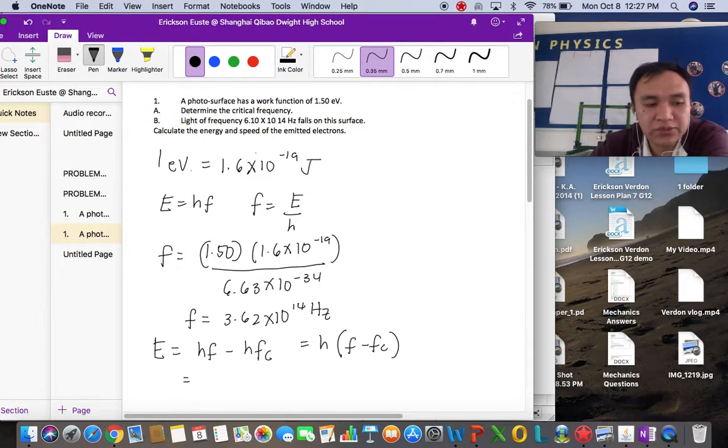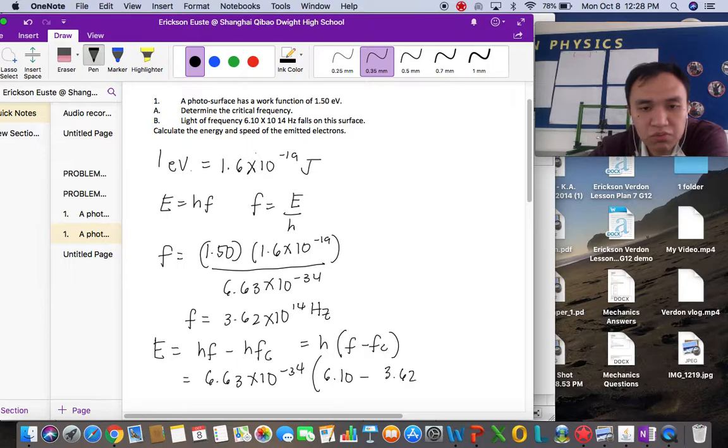So yes, we can have 6.63 times 10 to the negative 34 times 6.10 minus 3.62 times 10 to the 14th.